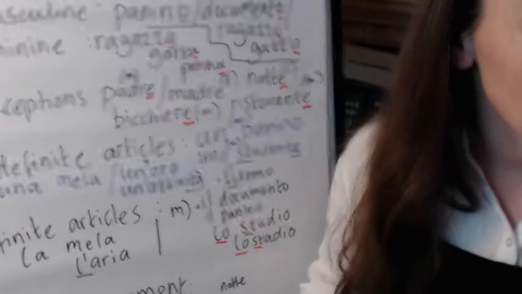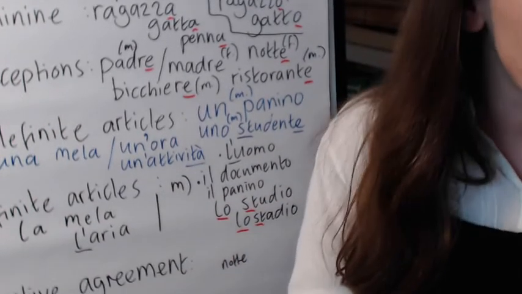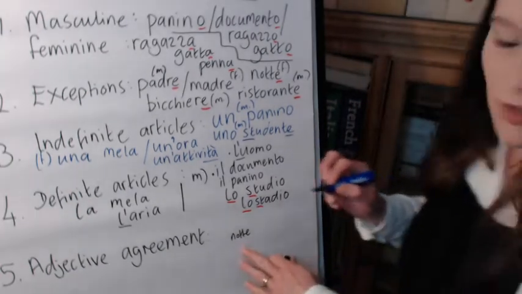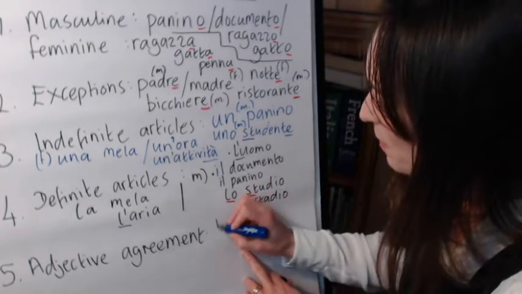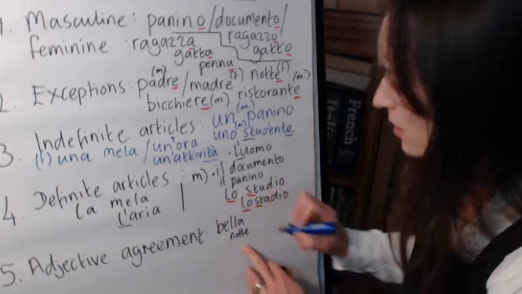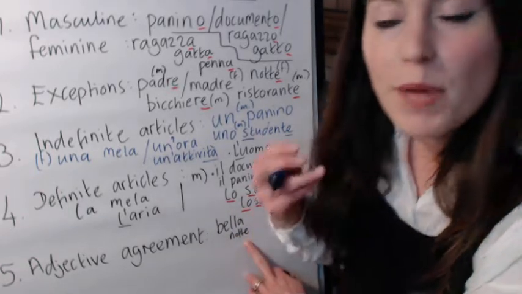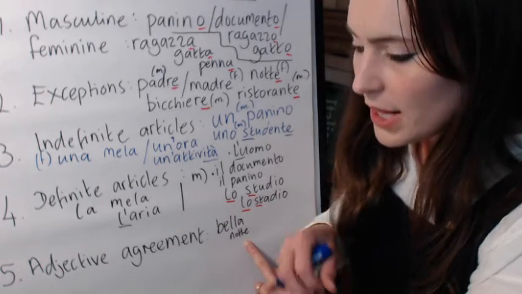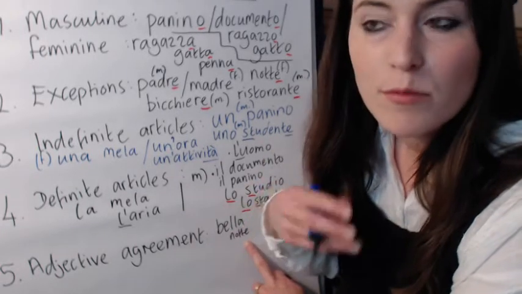So let's go down here and zoom out a little bit. And let me show you. So I've written notte down there to remind myself. Bella notte. Bella donna. Bella ragazza, bella musica.